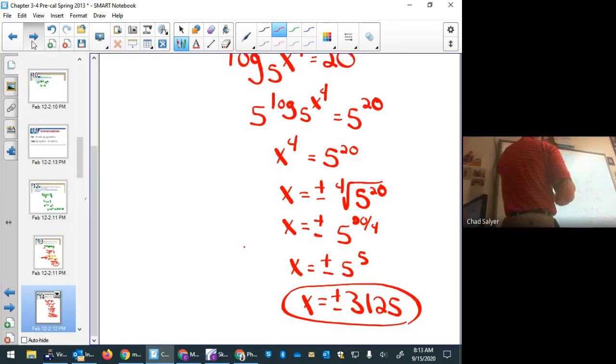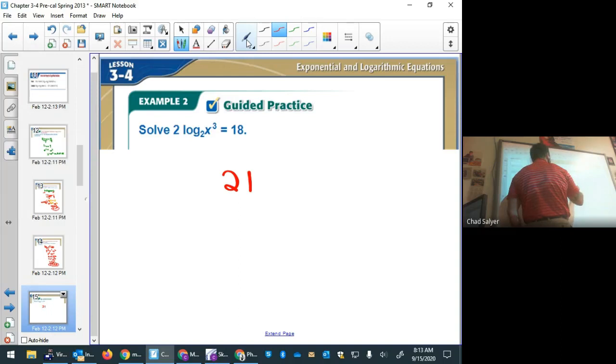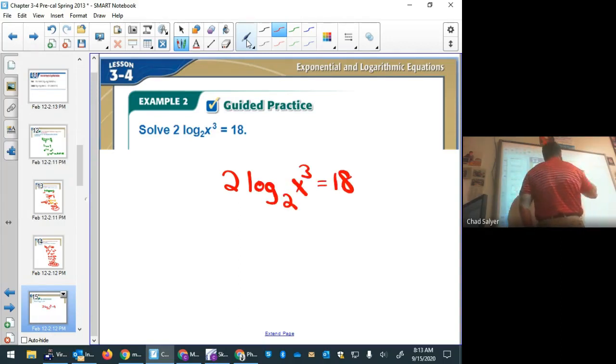All right. So here's one for you. See if you can use those same processes to solve this logarithmic equation. Remember also that odd indexes don't have sign ambiguity.